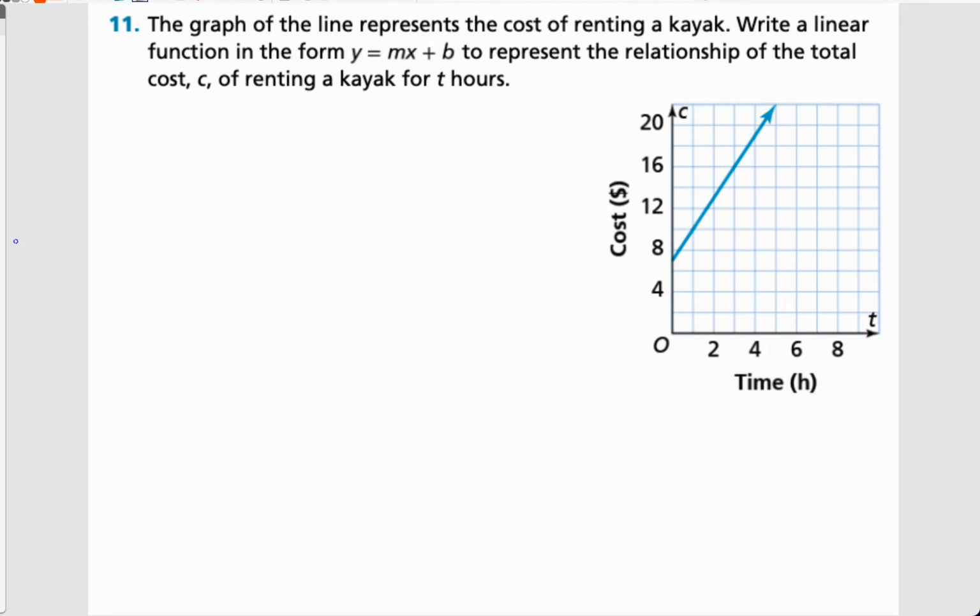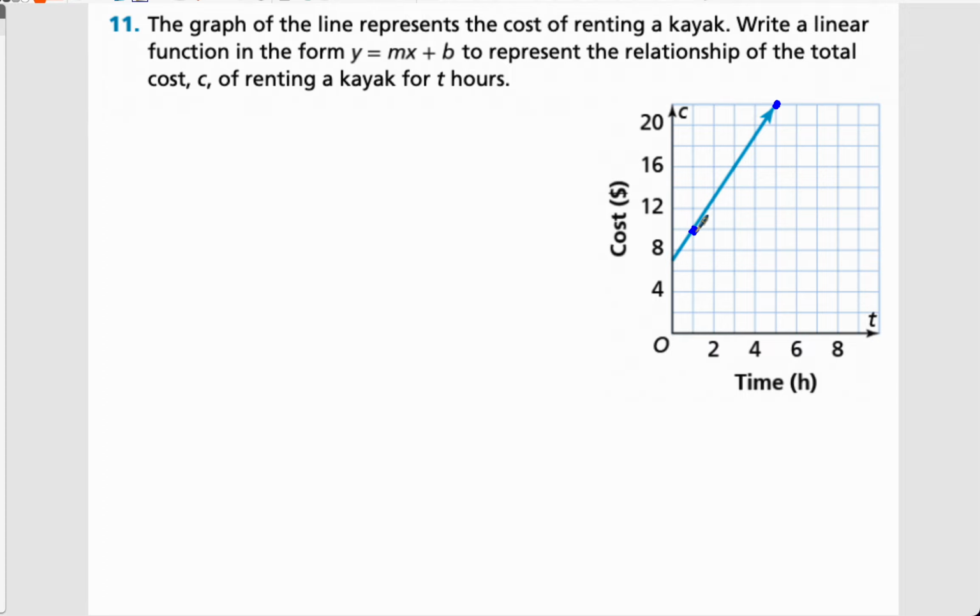Number 11, the graph of the line represents the cost of renting a kayak. Write a linear function in the form of y equals mx plus b to represent the relationship of the total cost C renting a kayak for T hours. So we want to find some ordered pairs that we can count easily. Looks like the line goes through right there, and goes through right there.